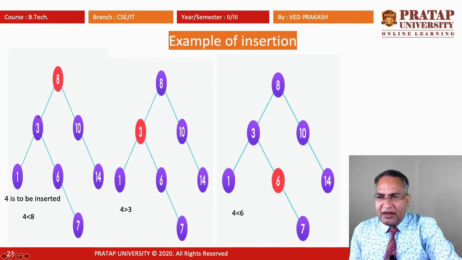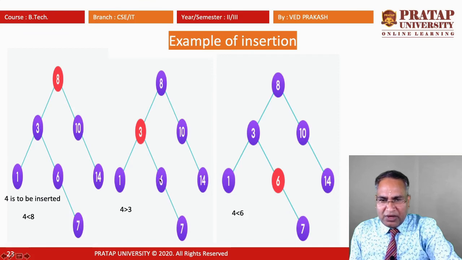On the left, I again get a node 3 and I compare the key value with this node. Here I find that the key value is greater than the existing node, so I move to the right hand side. On the right hand side again I compare the key value with the existing node, and this informs me that I have to move to the left hand side because the key value is less than the root.